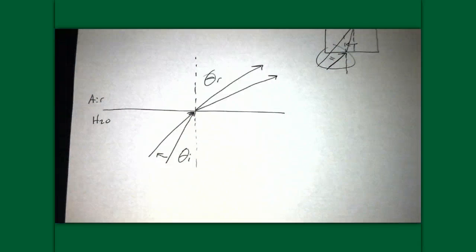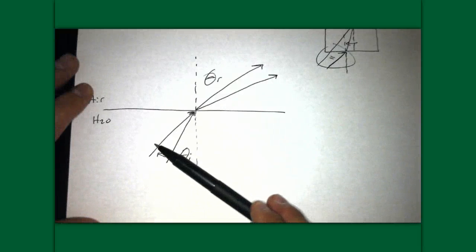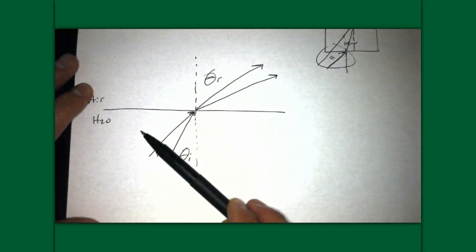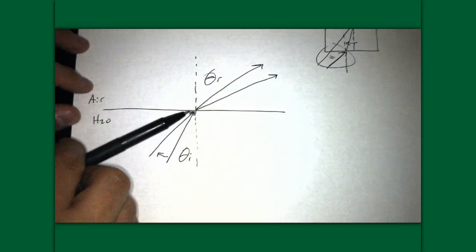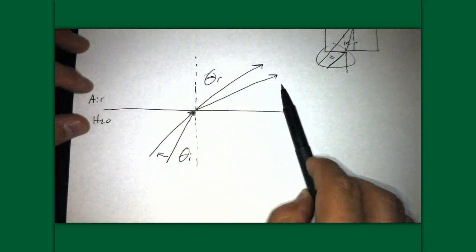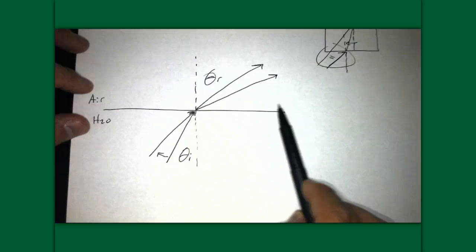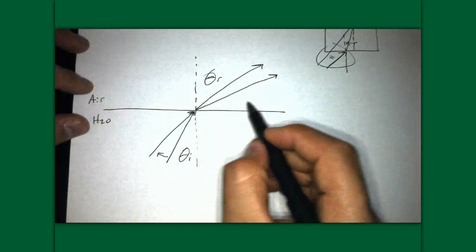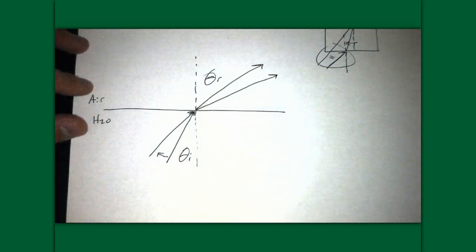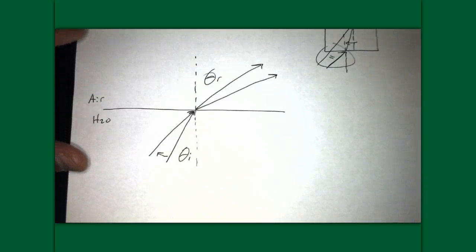And the thought experiment can continue that as we move this incoming ray more and more this way, the angle of refraction continues to increase, and this new angle gets more and more crazy, shall we say. And I have some proof for that.